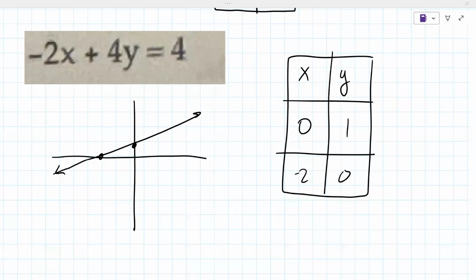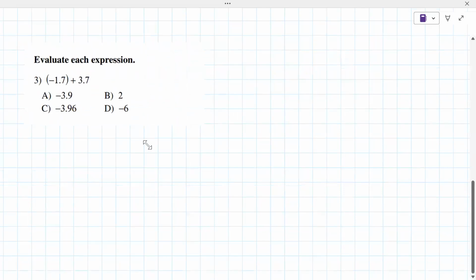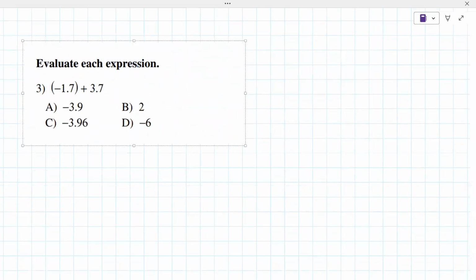So let me pull up some other problems that you might see on a final exam here. You can tell me that you have no idea because you've never seen these before, or you can work them out and say they're too easy. So here's one for you to try without a calculator.